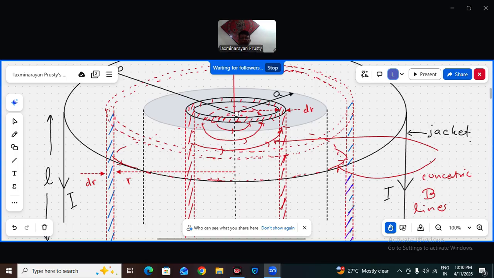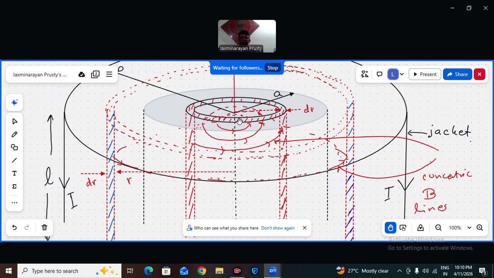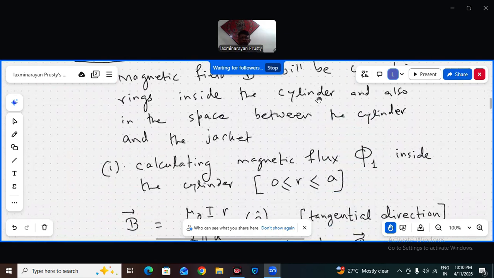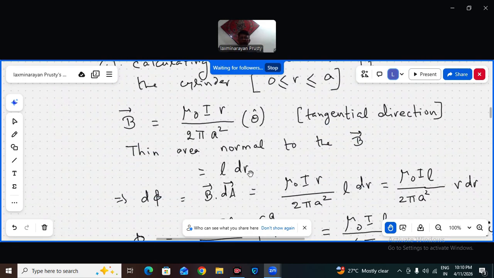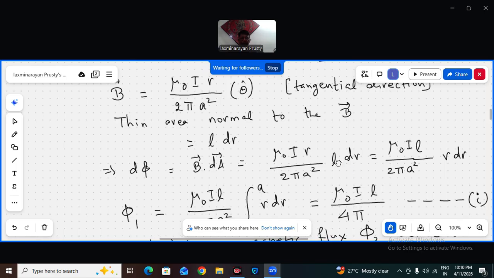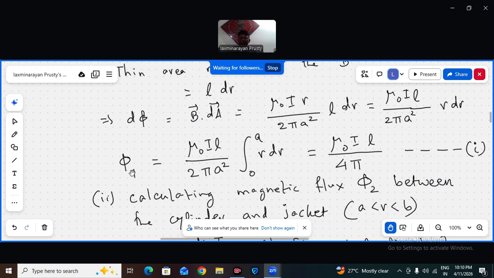So total 0 to A region, what is the flux in this rectangular region? This B into L dr. That's what I wrote. Mu naught I r by 2 pi a square into L dr. Mu naught I L by 2 pi a square is a constant term into r dr. Then integrate करो phi 1 के लिए.